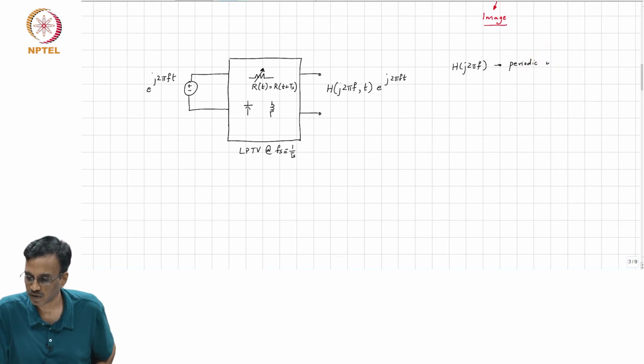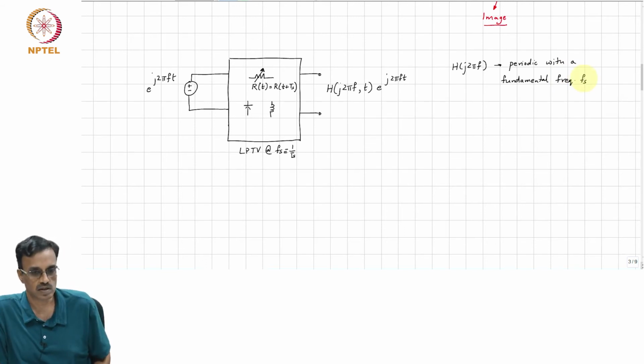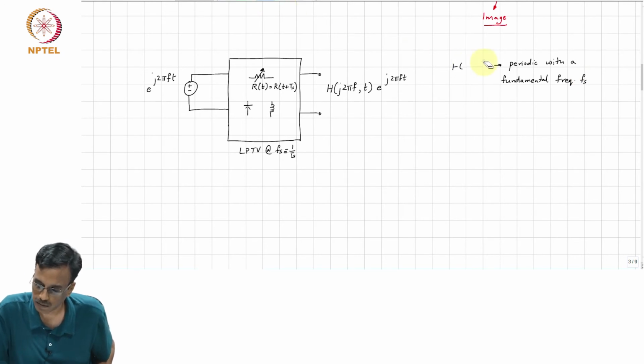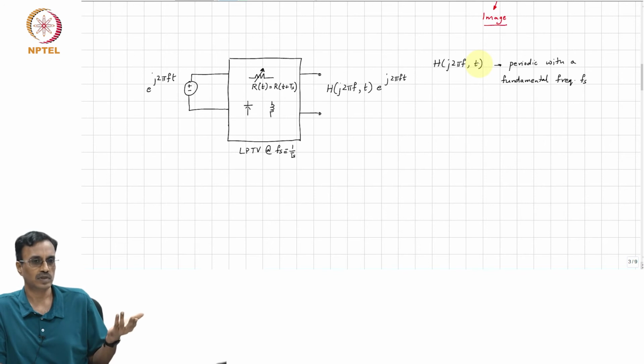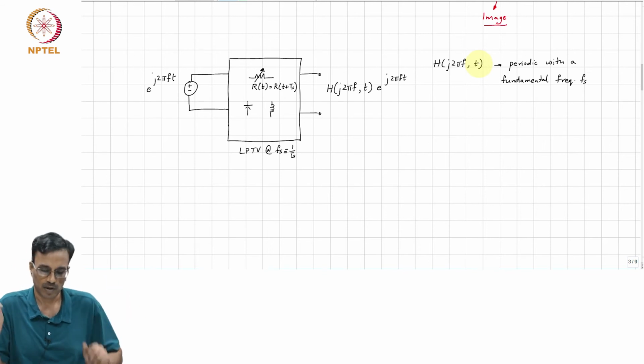And we have seen that h of j 2 pi f comma t is periodic with a fundamental frequency of Fs, and if you decompose it into a Fourier series, you get the harmonic transfer functions.